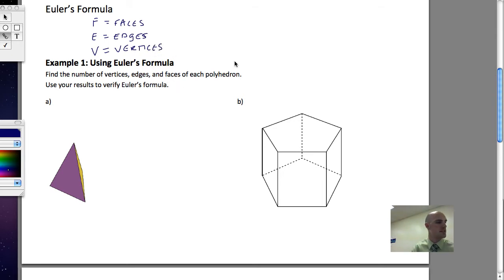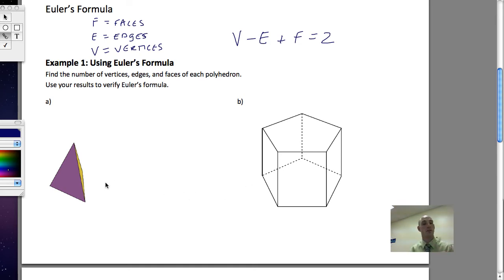And his formula says this: vertices minus edges plus faces equals 2. So when we take the total number of all these things for a polyhedron, vertices minus edges plus faces equals 2, that's his formula.